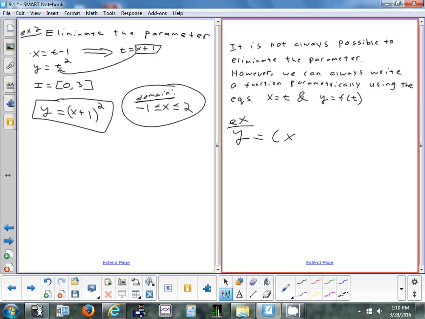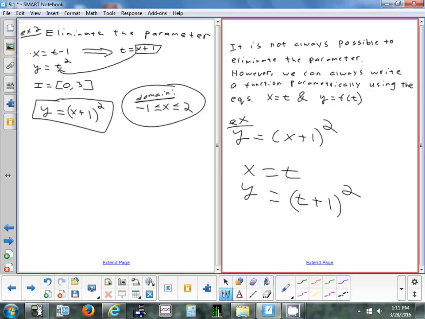Y equals x plus 1 squared. Let the first equation be x equals t. And let the second equation, y equals t plus 1 squared. This is another way to write this parametrically.